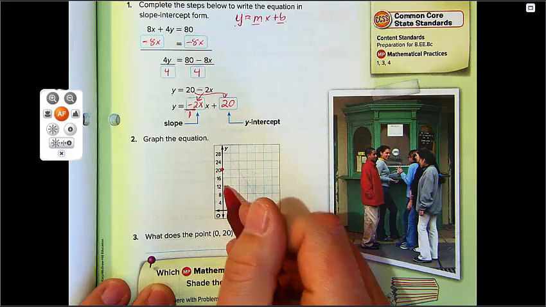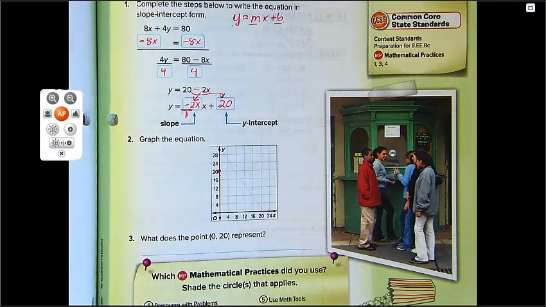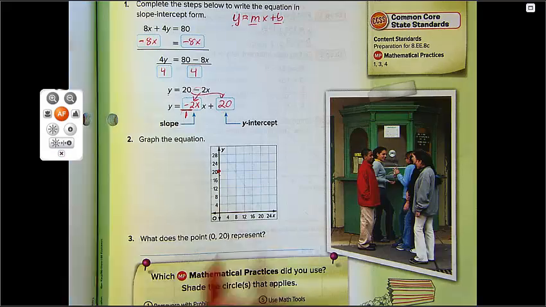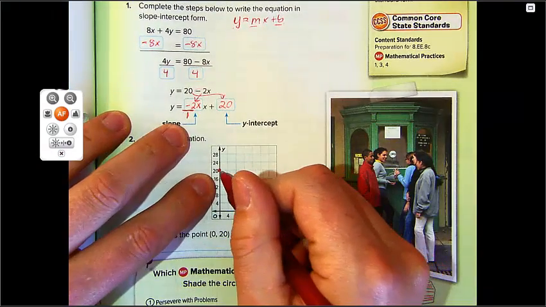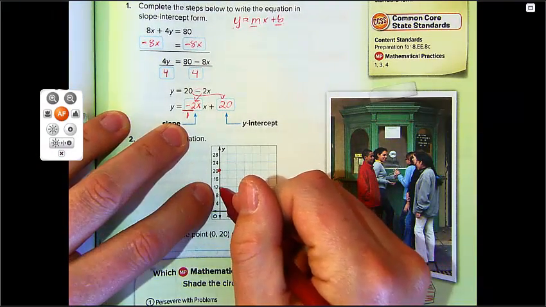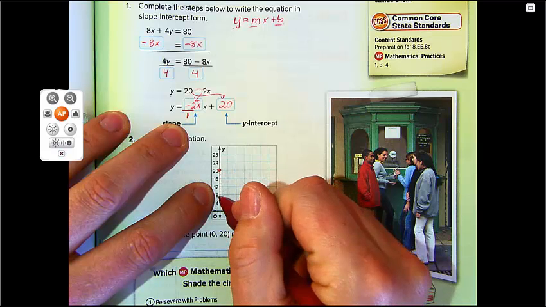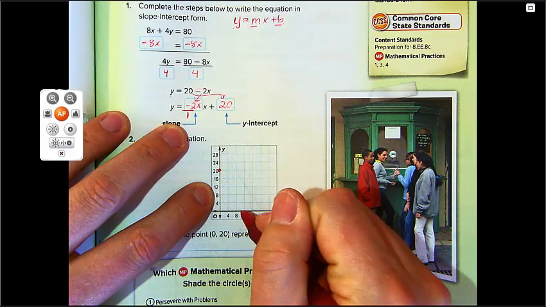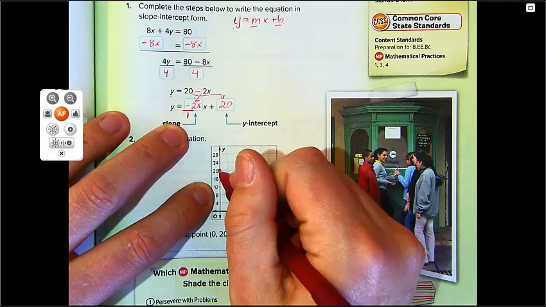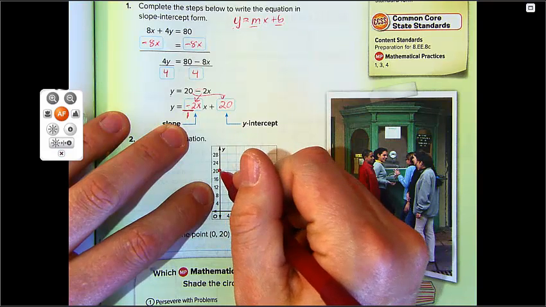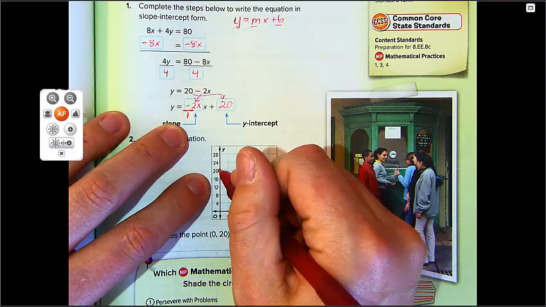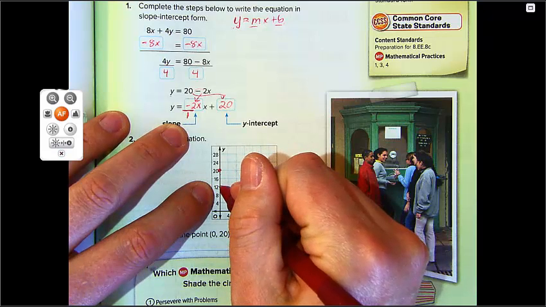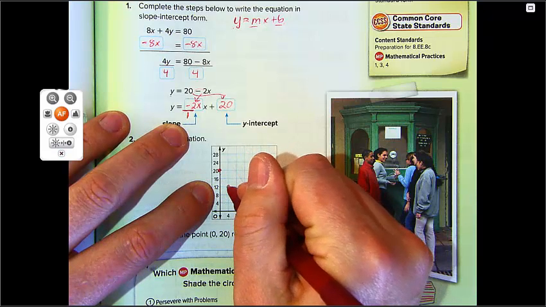Down 2 over 1. And as we do that, we will go down 2 over 1. Notice these are going by 4s, and these are going by 4s. So if I want to accurately go down 2 and over 1, I'm actually going to go down 8 and then over 4.